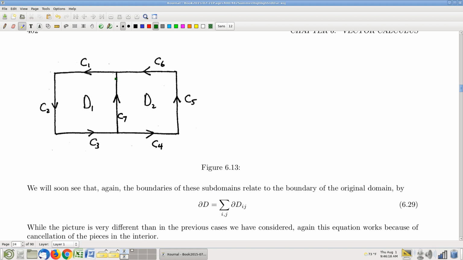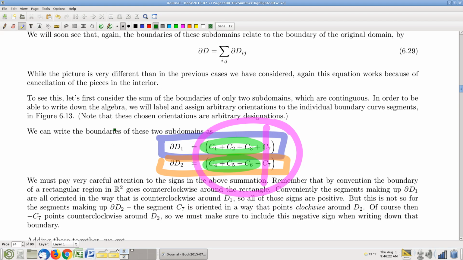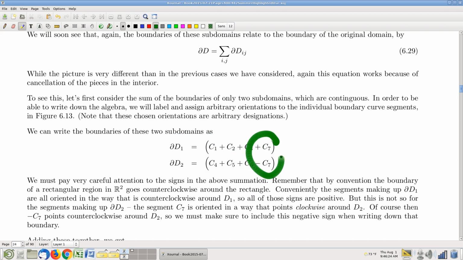Because whenever there's a shared piece of boundary, that shared piece of boundary appears twice in the summation, but with opposite orientations, and therefore cancels. It's exactly what happened when we were looking at the curve and you're looking at those interior shared boundary points. They appear twice, but with opposite orientations and cancel.